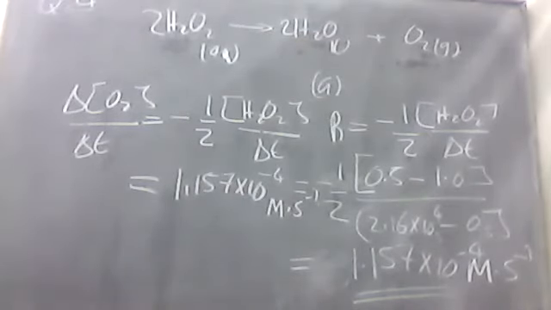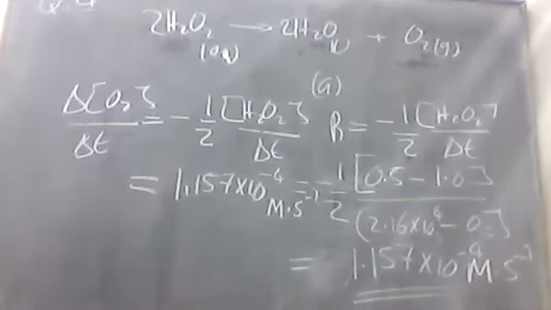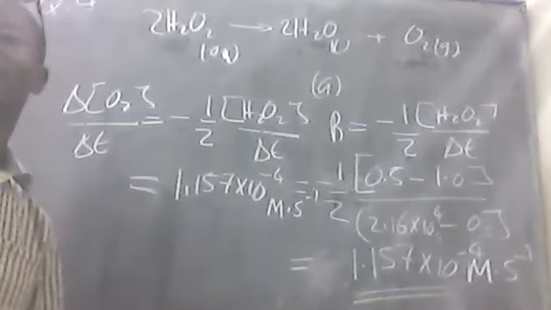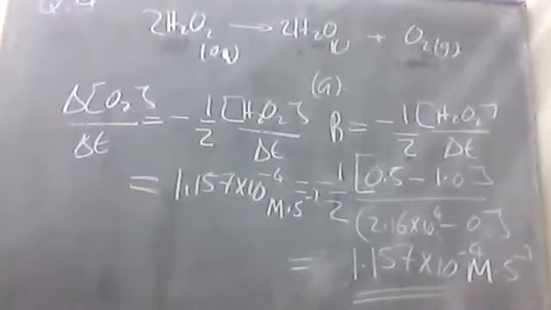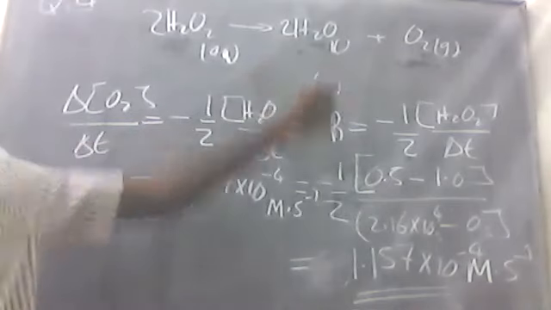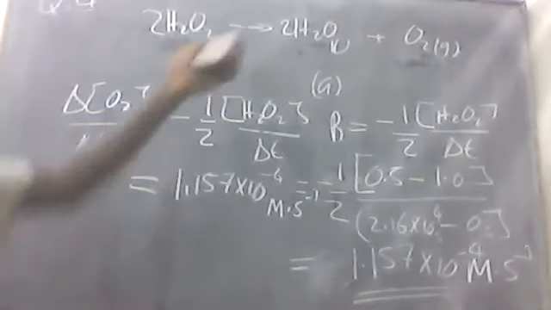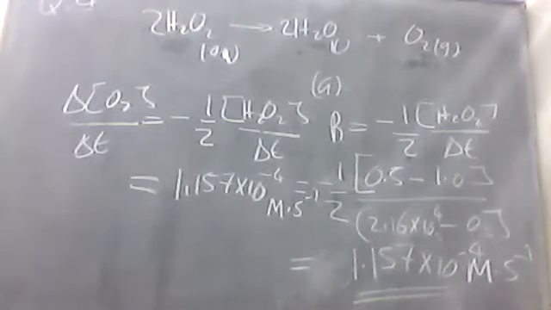Water is a liquid, and for solids and liquids the concentration remains constant, initially and at the end. So the change in concentration will give you 0, and the rate of reaction will give you 0. That's why they are not included in the rate of reaction. Solids and liquids are not included in the rate.